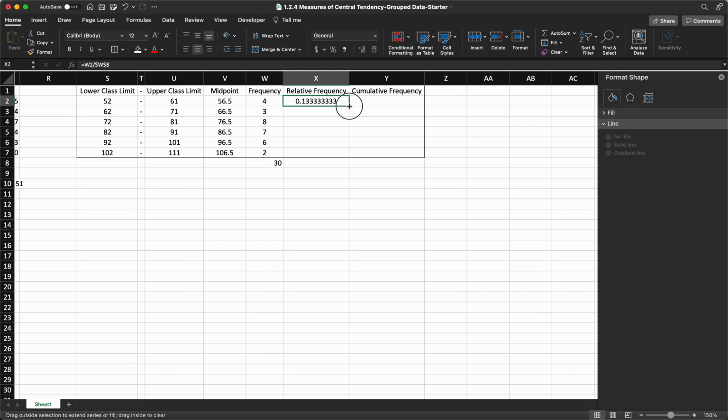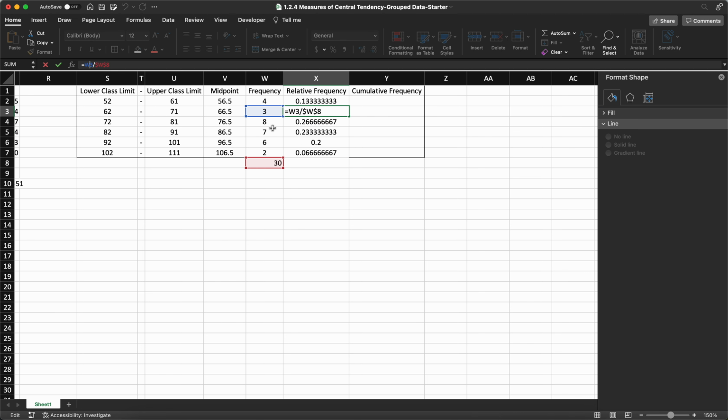So now you'll notice when I drag this down, in this column, now it's referencing the 3 because I dragged it down and I didn't lock the reference to that calculation, but it's still referencing 30. And in this column, it's referencing the 8 divided by 30. And here it's the 7 divided by 30.